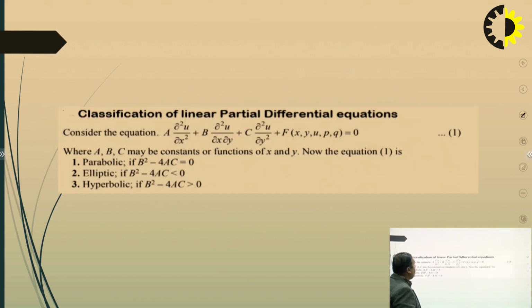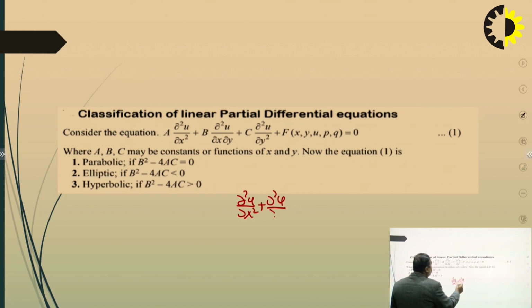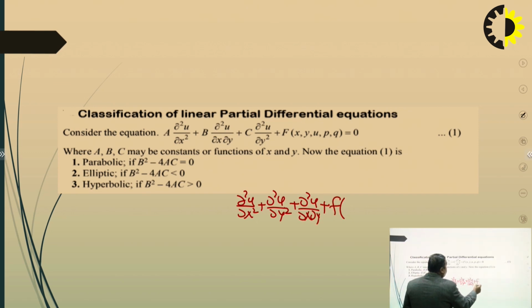Let us take the equation of the second order: del square u over del x square plus del square u over del y square plus del square u over del x del y plus function of x, y, p, q, u is equal to 0.